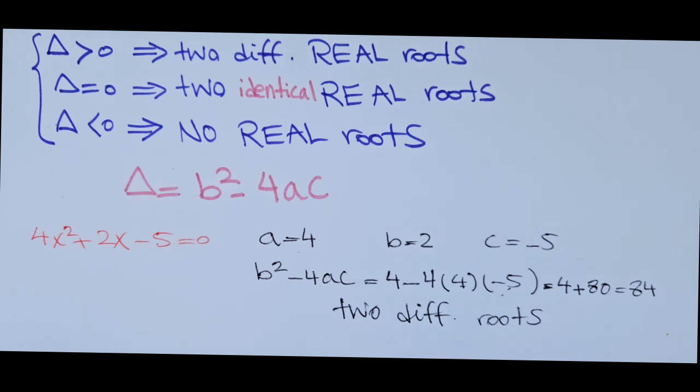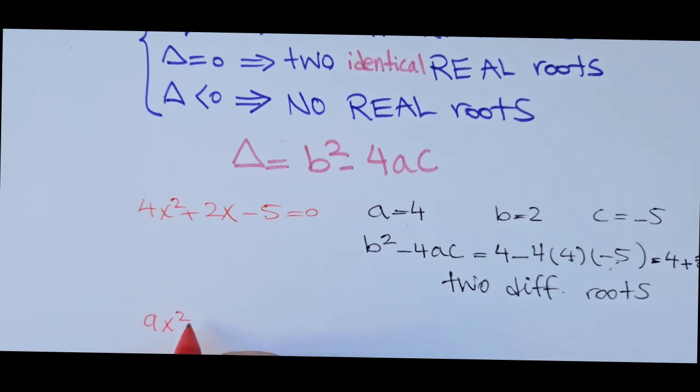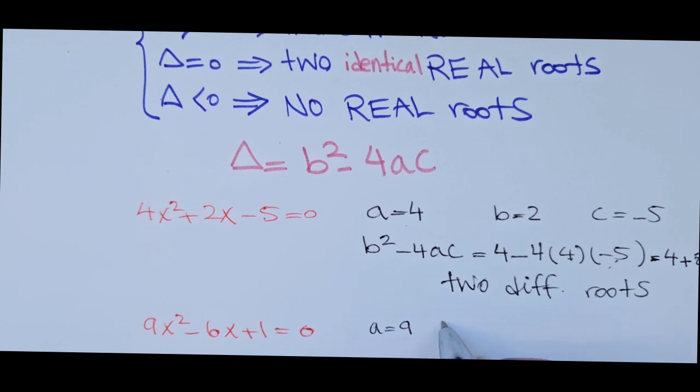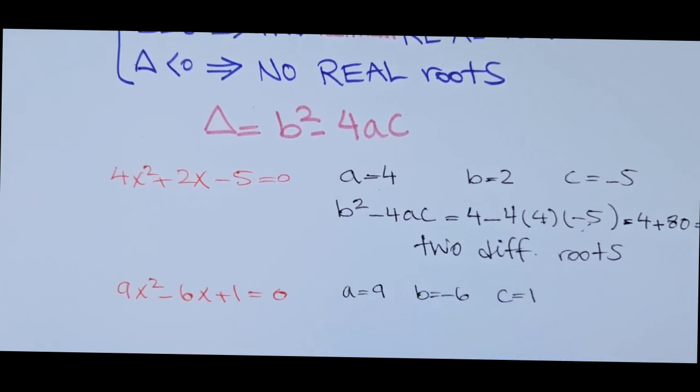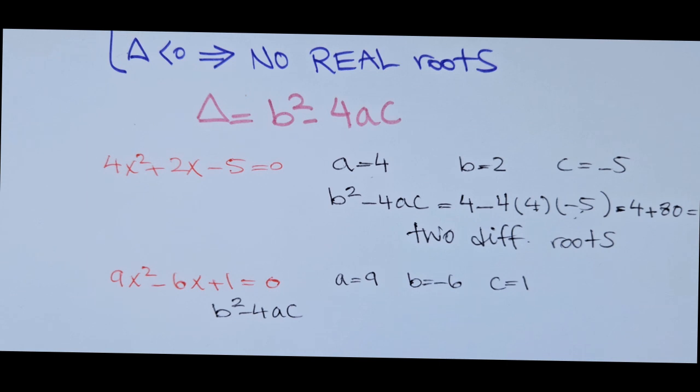Now let's do another question. 9x squared minus 6x plus 1 equal to 0. This is another example. Here again, we start by identifying A, B, C. Then we find the value of the discriminant only, because the question is not asking us about the values of the roots.